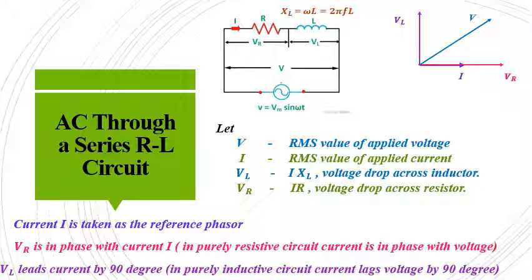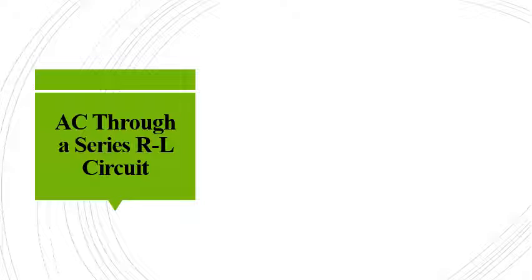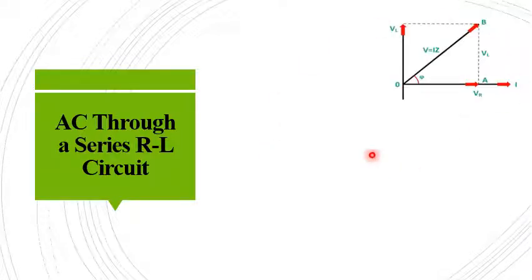Next, we need to derive the relationship between all these parameters. So this is the phasor diagram. From the phasor diagram, we can see that for the power factor angle phi, tan phi is equal to opposite side by adjacent side, right?